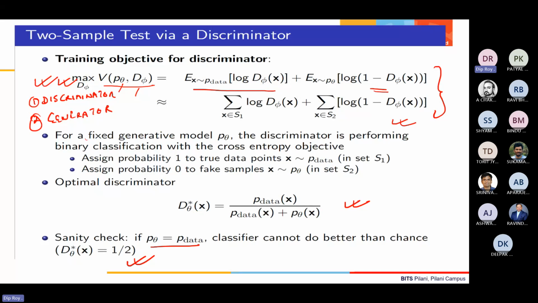Its job is to try its best to discriminate between the samples coming from the true distribution and the samples coming from the fake distribution. And then we also have a generator, whose job is to generate these fake samples.